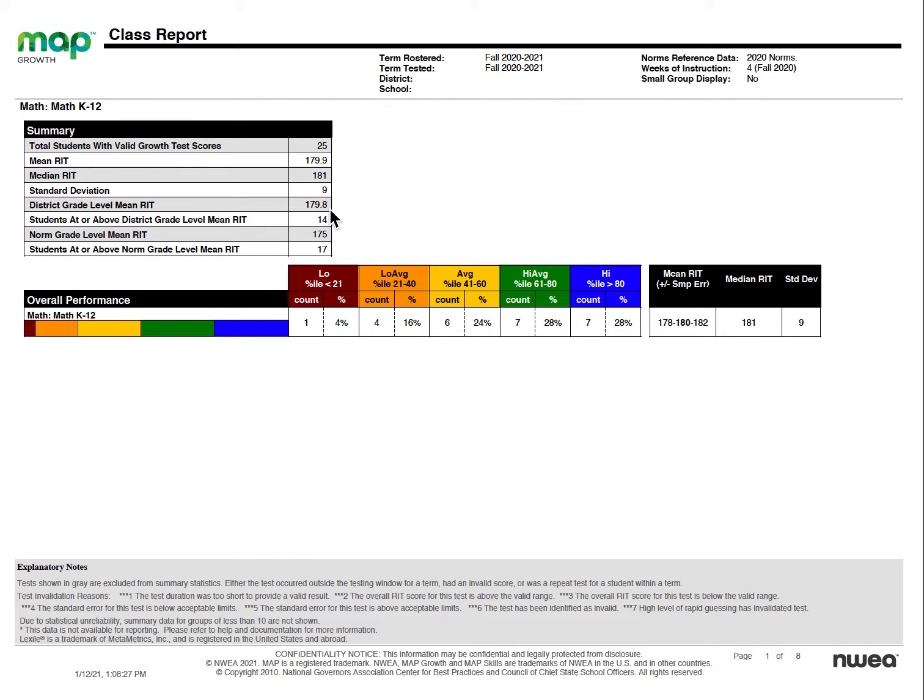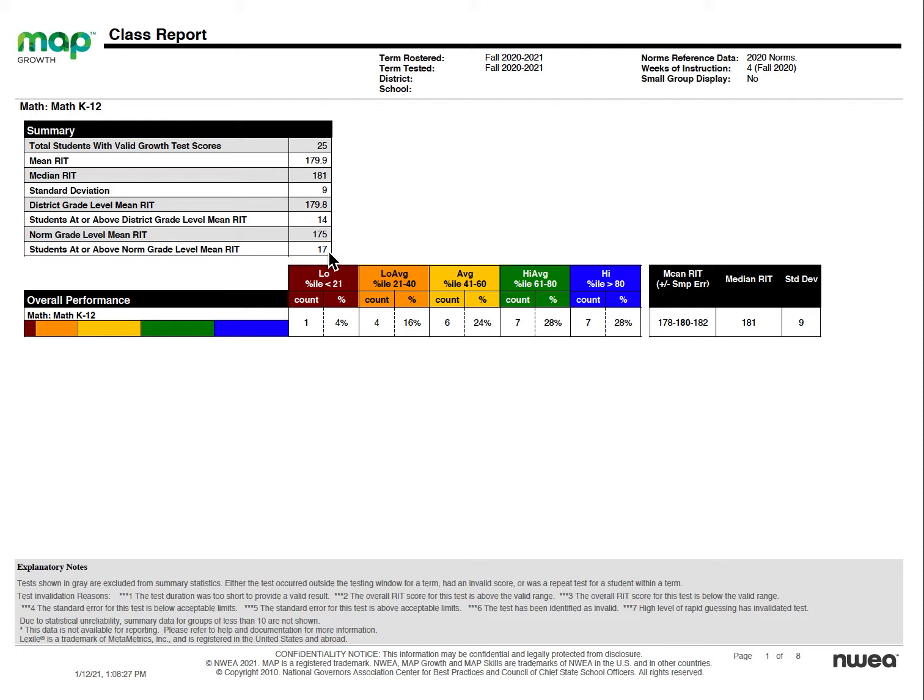So that would tell me that the teachers at this school can collaborate a lot because they have similarly achieving students. Here, this shows me that I have 14 students performing at or above our school's average score, 179.8, okay?